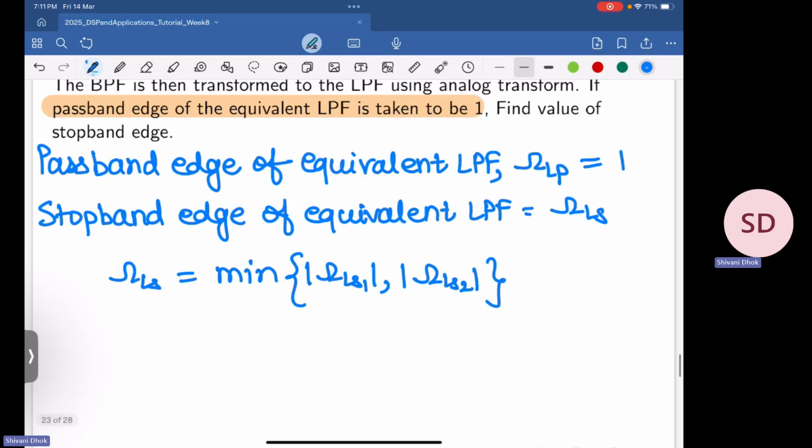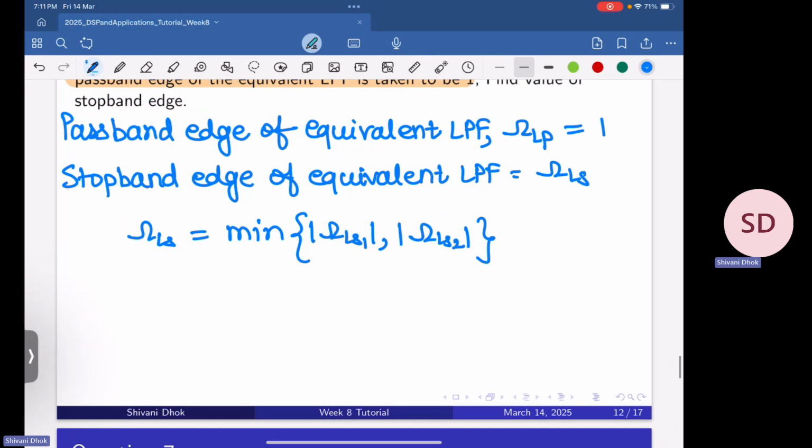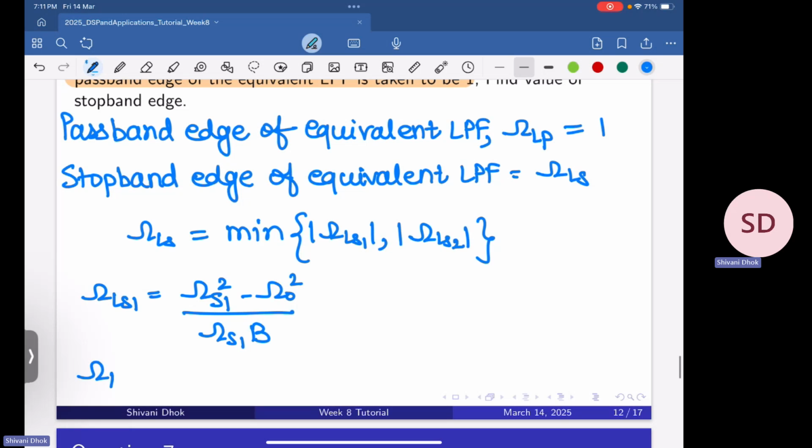So this omega ls1 is given as omega s1 square minus omega naught square divided by omega s1 into b. And similarly, omega ls2 is omega s2 square minus omega naught square divided by omega s2 into b.